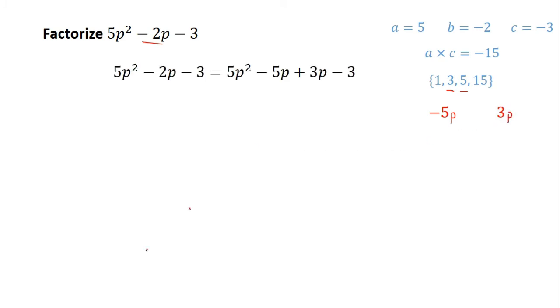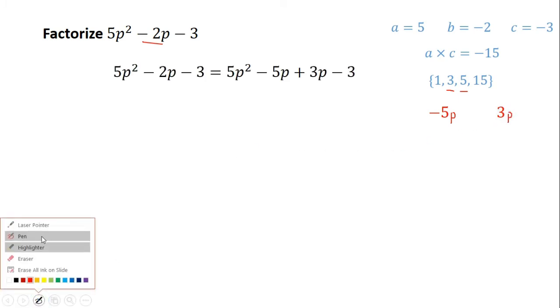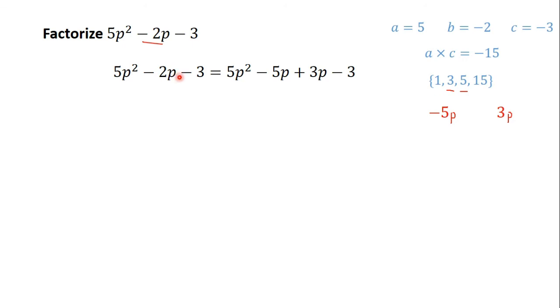So 5p squared minus 2p minus 3 will be equal to 5p squared minus 5p plus 3p minus 3.